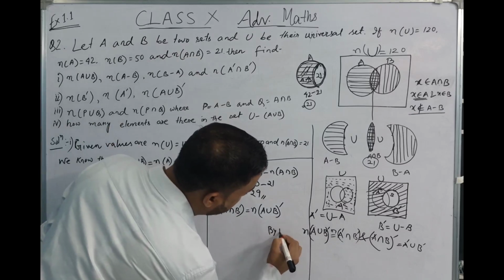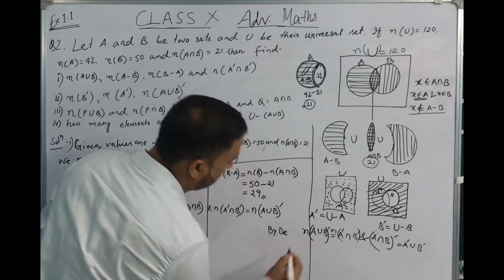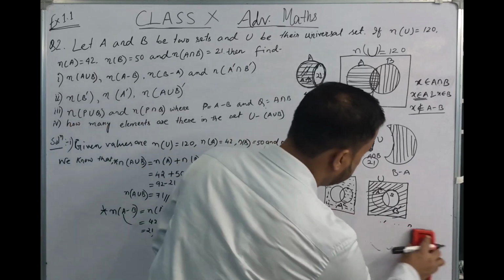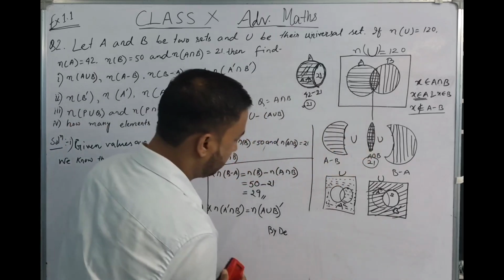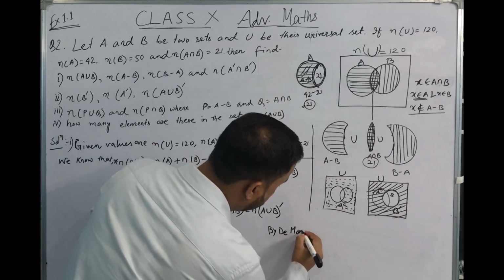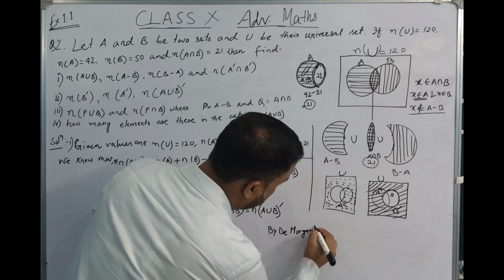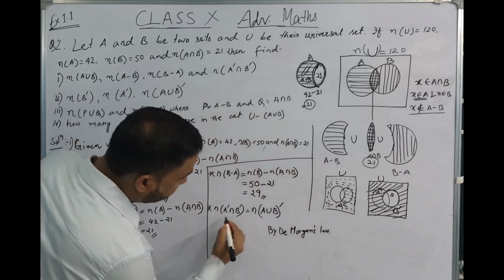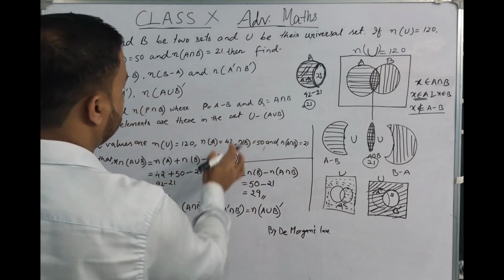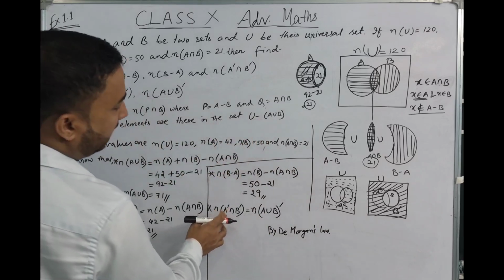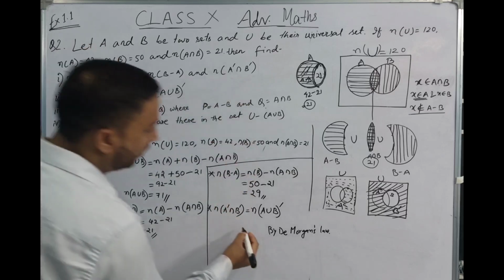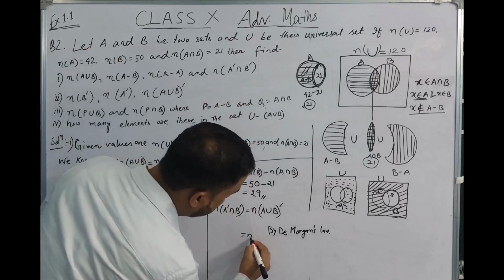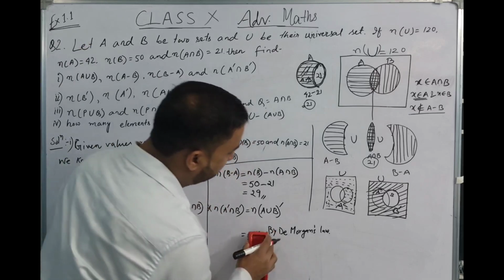Here, by De Morgan's law, now we have to find the value of this A complement intersection B complement, right? So what is the number of A union B complement?